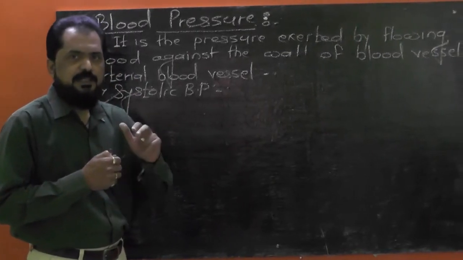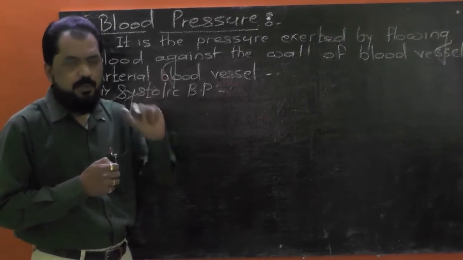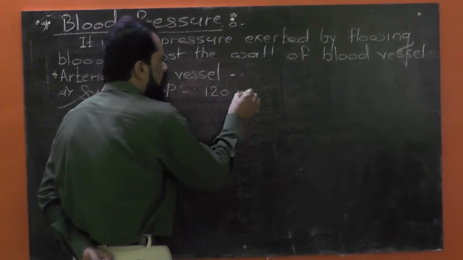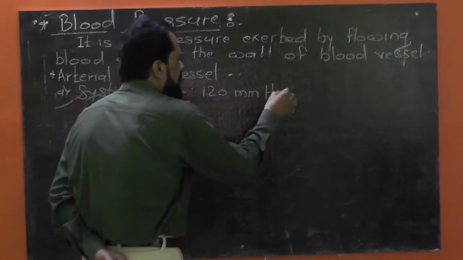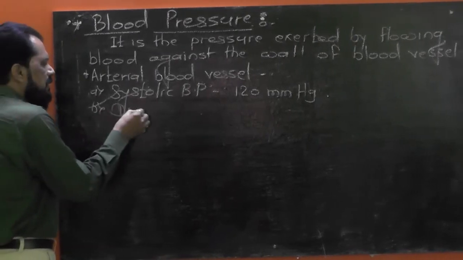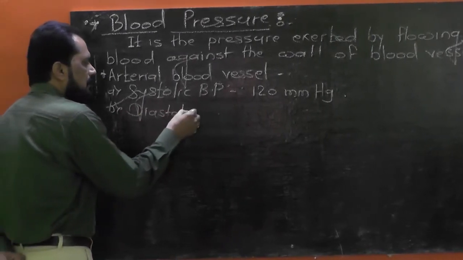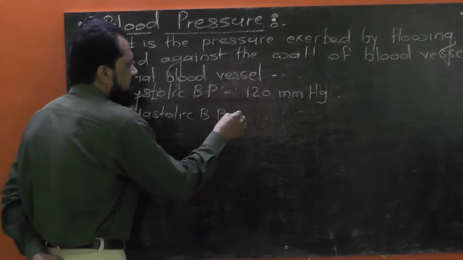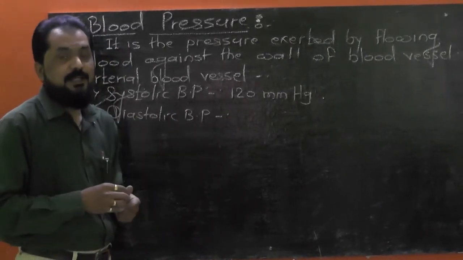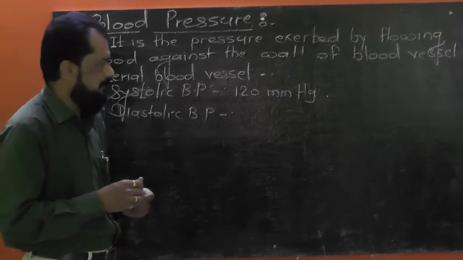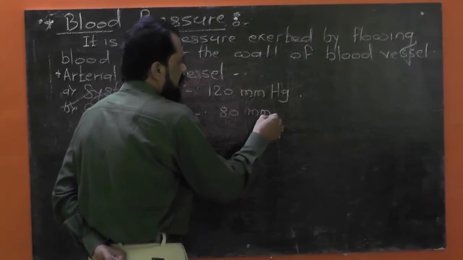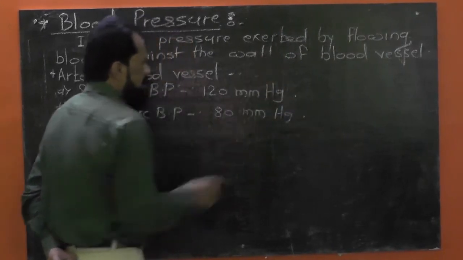And definitely it is comparatively more, and in normal adult human being it is 120 mmHg. While the diastolic BP is the blood pressure measured during ventricular diastole, during the relaxation phase of heart, and in normal adult human being it comes as 80 mmHg.